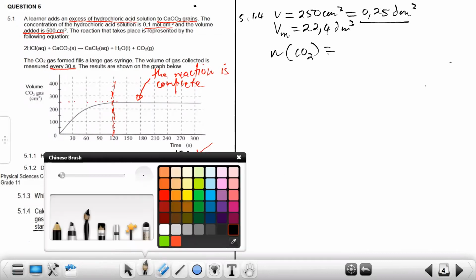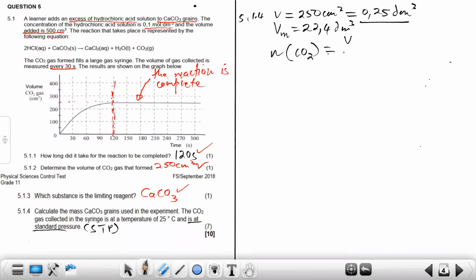That is always important for the purpose of marking. Then I will say I have n equals V over Vm, which is 0.25 divided by 22.4, which will give my answer as, let me quickly get my calculator, something like 0.01 mole.